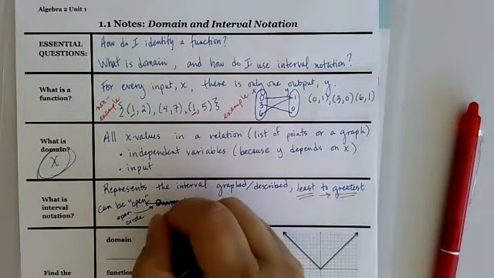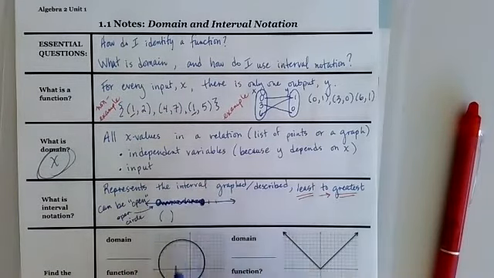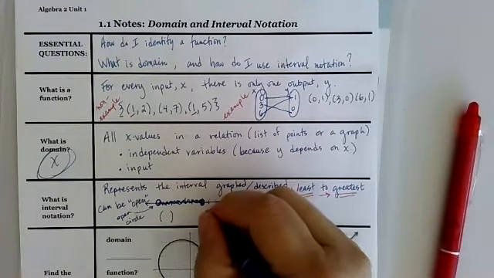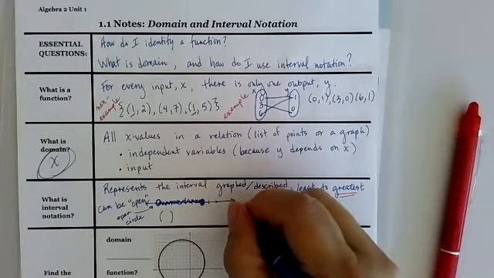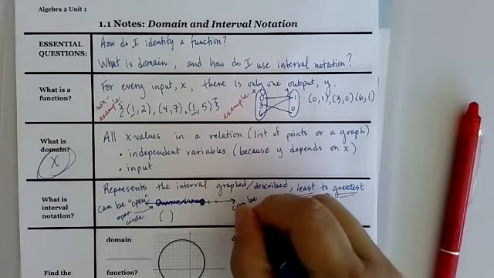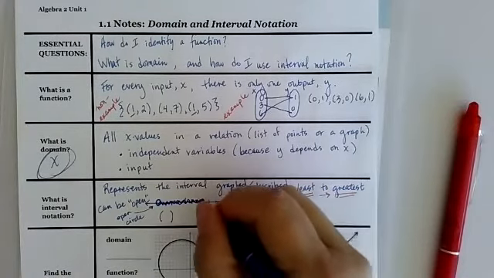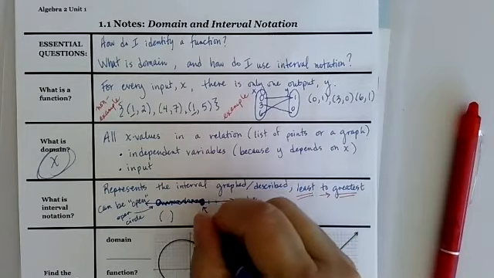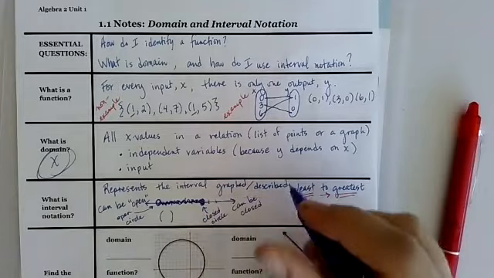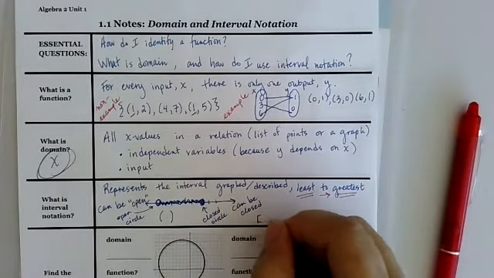Okay, then I would use parentheses whenever it's open. And it also can be closed. Closed interval, closed circle, and I would use brackets.